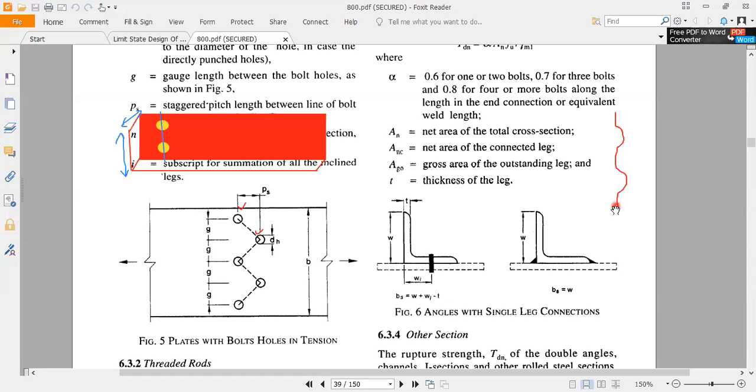Now this is the line. In this line, this is basically B. So B minus this, because area is basically multiplication of two dimensions, length into breadth, or breadth into thickness. So breadth is how much? Are you getting it?